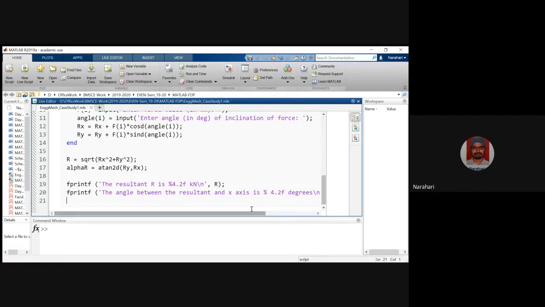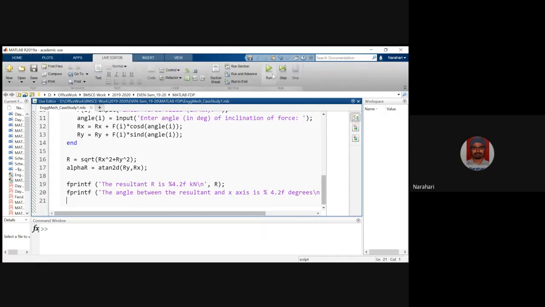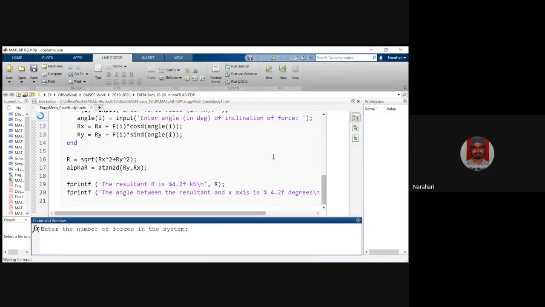Let me save this code and try to run it here. I'll go to this live editor and click on run. So it is compiling, or rather it is interpreting, I should say. You should remember one thing: MATLAB is not a compiler; it is an interpreter. So it goes line by line. It will start executing as soon as your first line starts working.